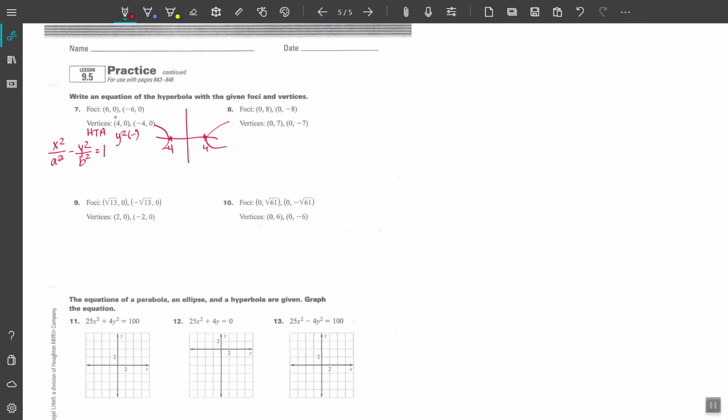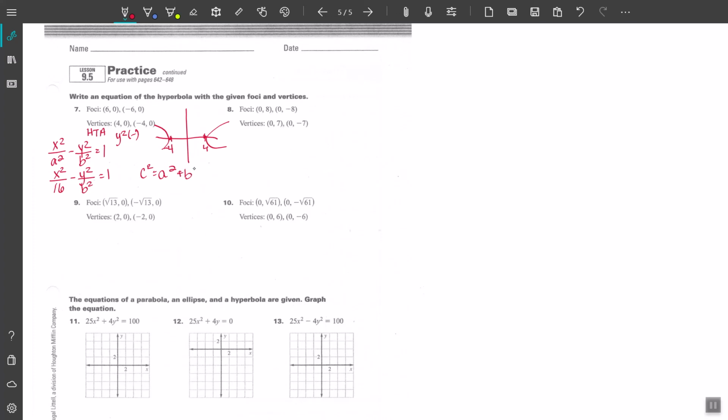Once we know our vertices are at 4 and negative 4, that means our a term is 4, and so our a squared term is 16. So I'm going to go ahead and put that in. The only thing we are lacking in order to finish this equation off is our b squared. And we can use the formula for our foci in order to solve for b squared.